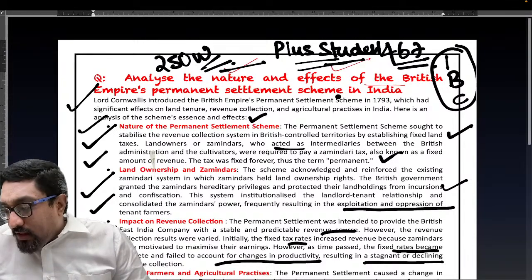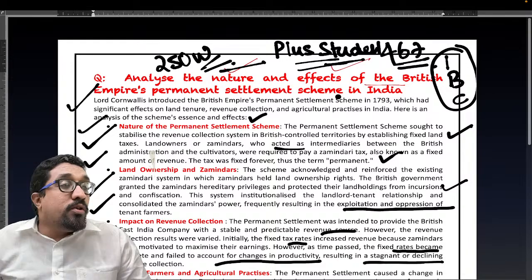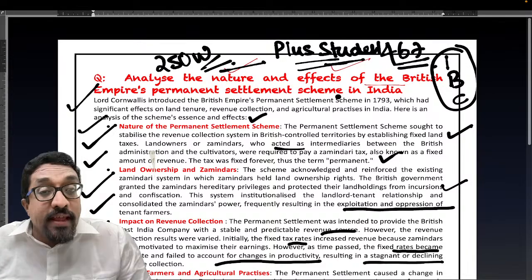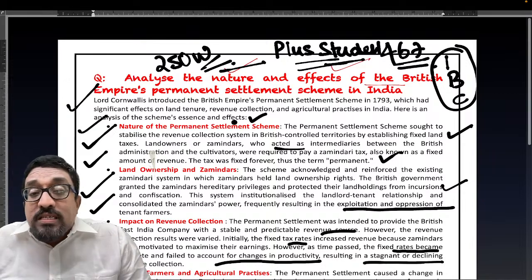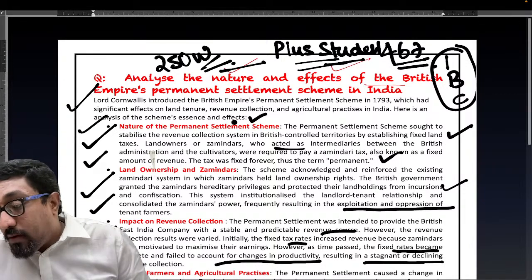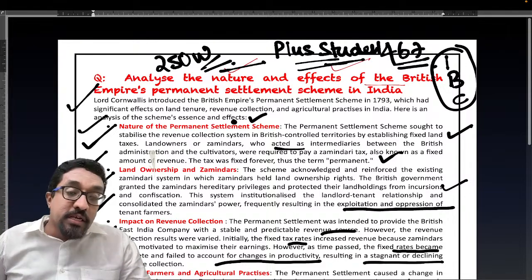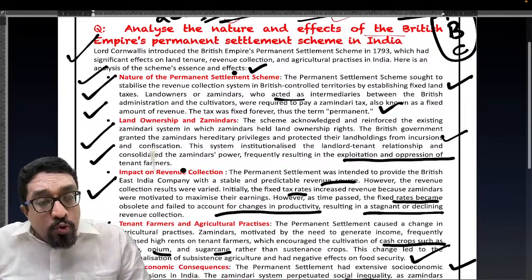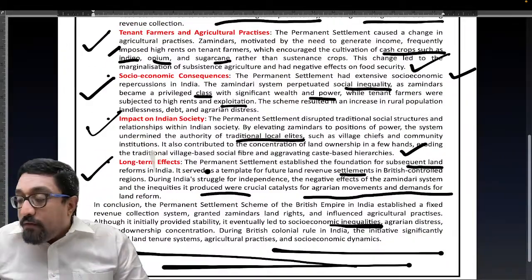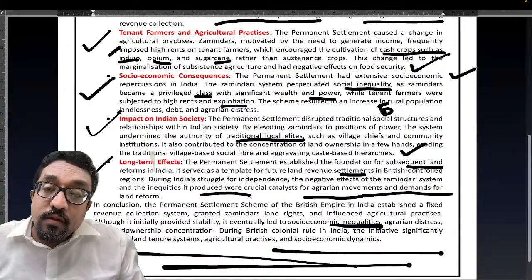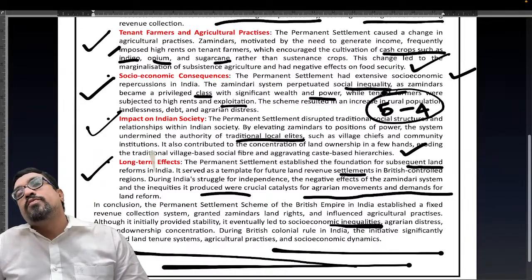So, as I said, in this question you only need to answer the nature and effect of permanent settlement. No need to answer all the details of permanent settlement. Out of these 7 points, even if you had written 5 or 4, you're done with the answer because that will cover 250 words.